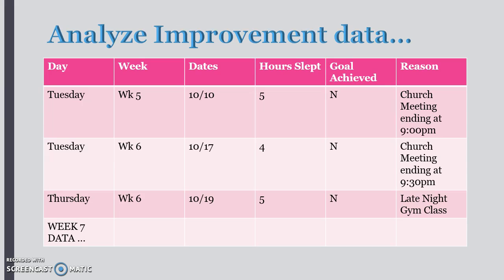Like I said, I wasn't able to get week 7 data as of yet, but these are things that I really can't change as far as the meeting times, what time my meetings get out of church. They end at like 9:30, sometimes later. So on Tuesdays, I will be getting home late. Therefore, I will be going to sleep later.